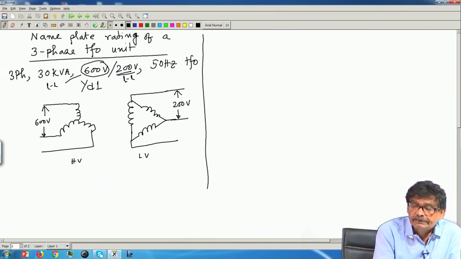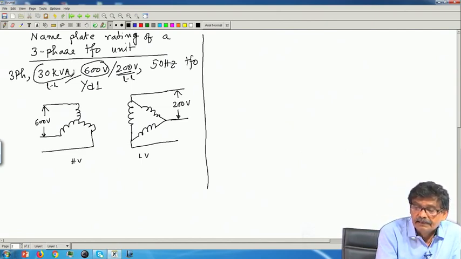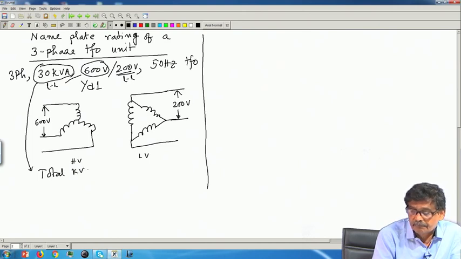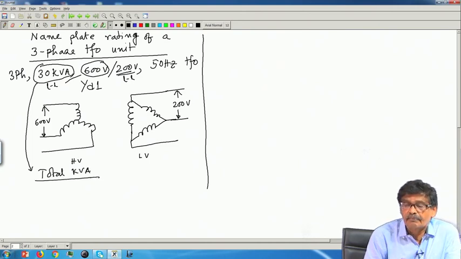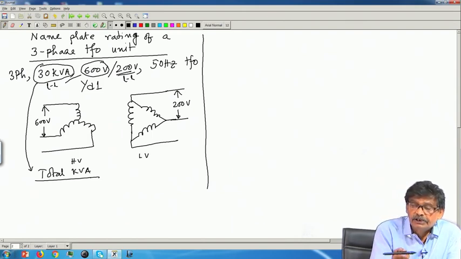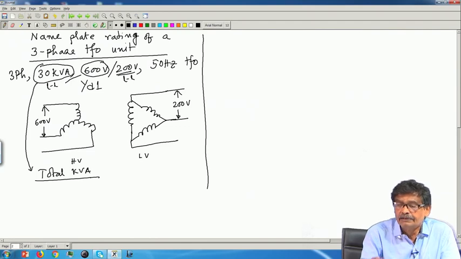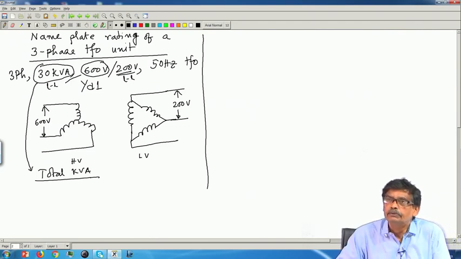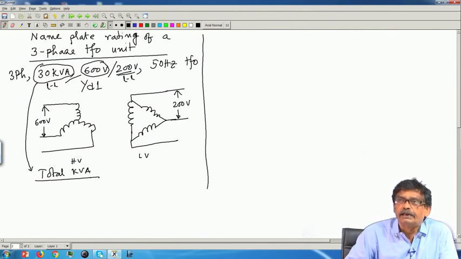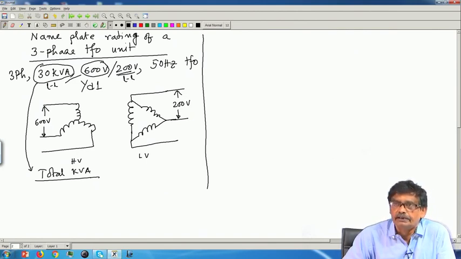In this case, this 30 kVA is the total kVA. Therefore, from the total kVA and line to line voltage, I will be able to calculate the line currents of the respective side, not the winding currents.